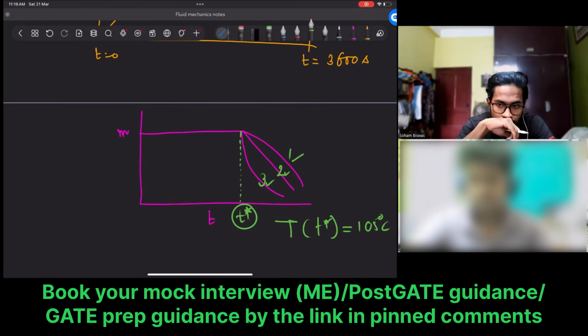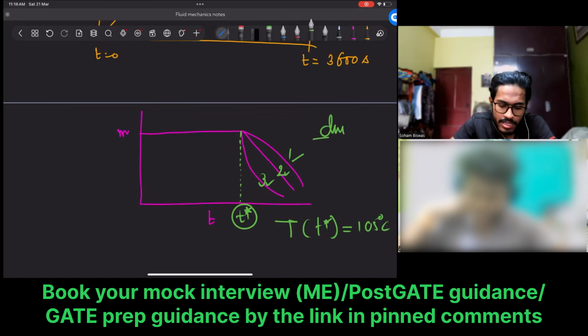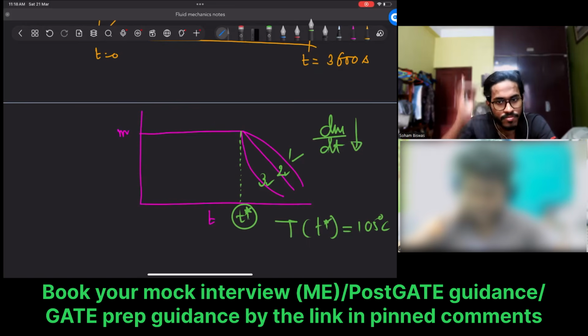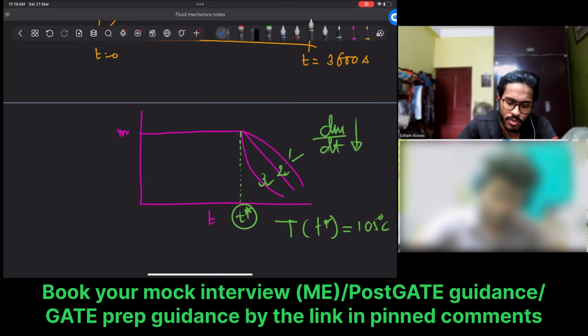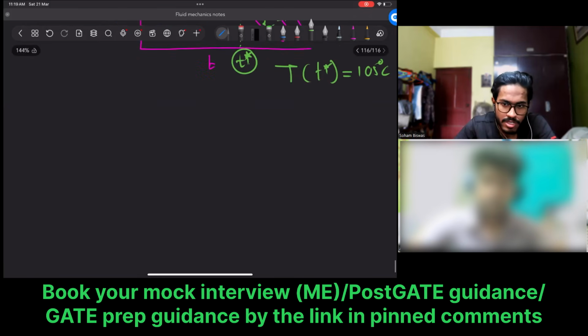And why? You are saying that this dm/dt is decreasing. Okay. Why? As temperature is increasing, whichever equation you made, which equation? You tell me the heat equation.